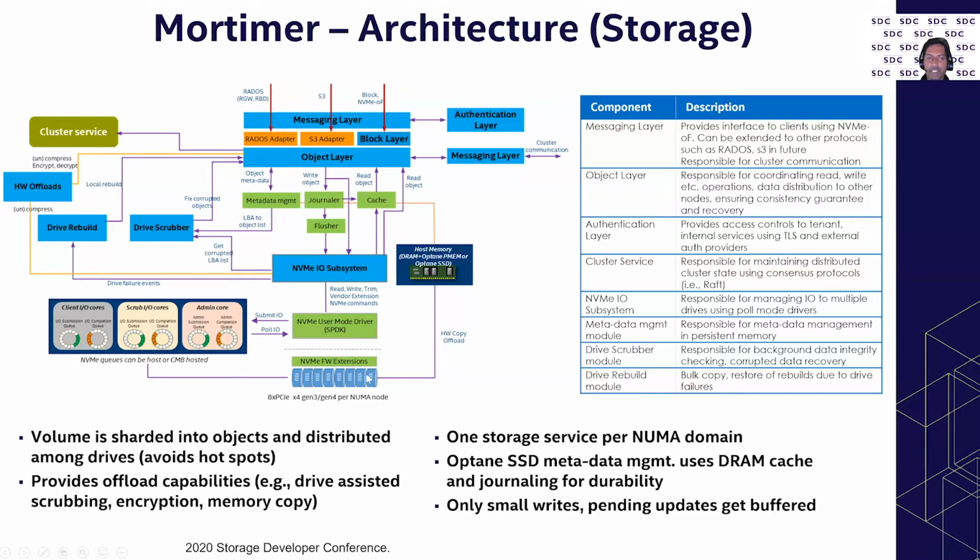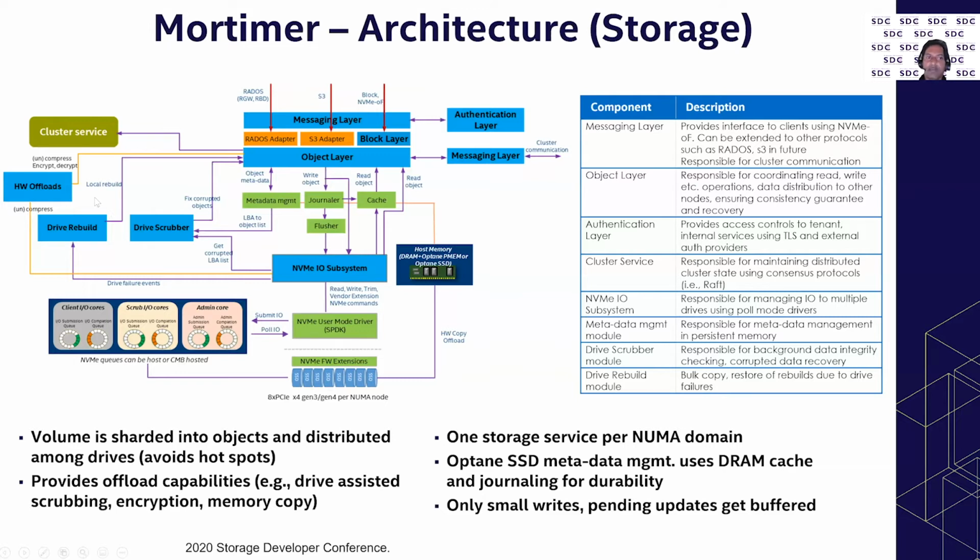Mortimer can tap into that data and look at all the objects that are associated with those LBAs, and then proactively fetch those objects from the other nodes in a cluster and patch them, as opposed to using the brute force approach of reading the entire content of the SSD drive to figure out exactly which ones are corrupted. Those types of offloads are very important, primarily from the platform perspective, where we can reduce the compute burden, and we can also use the compute that is available to service the client and cluster data plane traffic.